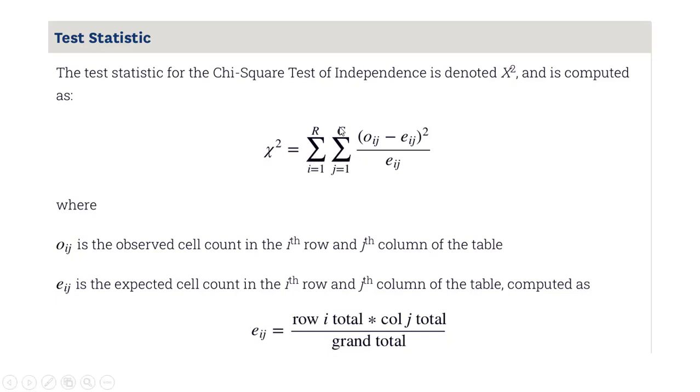So the first sigma here, we do that for the columns, then we do that for the rows. The same operation for the columns and the rows. Now to determine the expected value in this case, we take the number of elements that we got for the rows, and then multiply that by the number we got for the columns, and we divide that by the grand total, and that gives us then the chi-square test of independence.